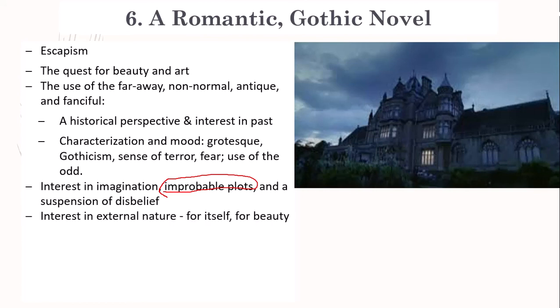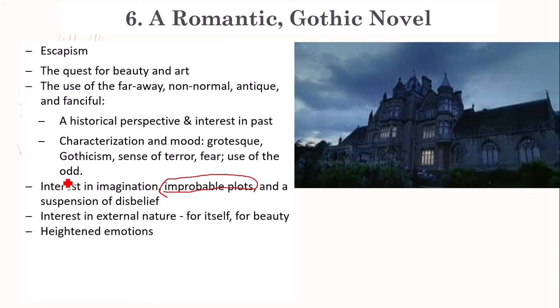And there's an interest in external nature. So looking at nature as a way of coming closer to God, which again would be kind of like the transcendentalists. Nature is beautiful, but nature is also terrifying. You can't control the sea. You can't control a thunderstorm. You can't control a hurricane. So it's beautiful, but it's also terrifying at the same time.